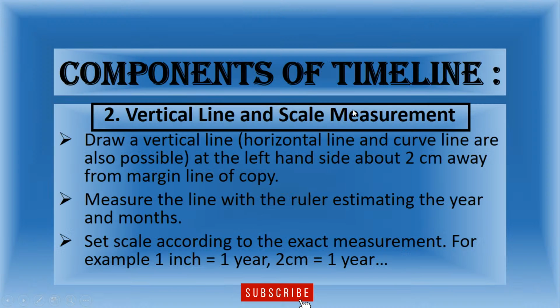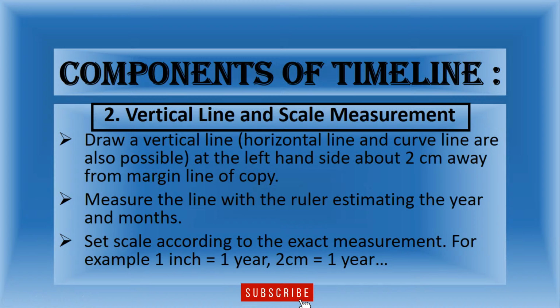After that, another important thing is the vertical line and scale measurement. There are different types of timelines. In class 10 for this SEE exam, for making a timeline we are using a vertical line, but horizontal lines and curved lines are also possible.